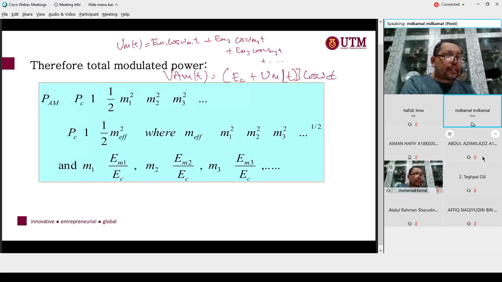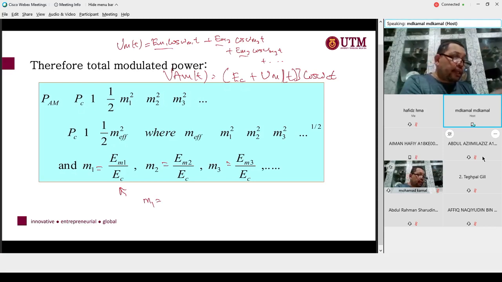If you do a normal multiplication, you can represent M1 as EM1 over EC, M2 as EM2 over EC, M3, and so on, because for each individual component we have a different modulation index.